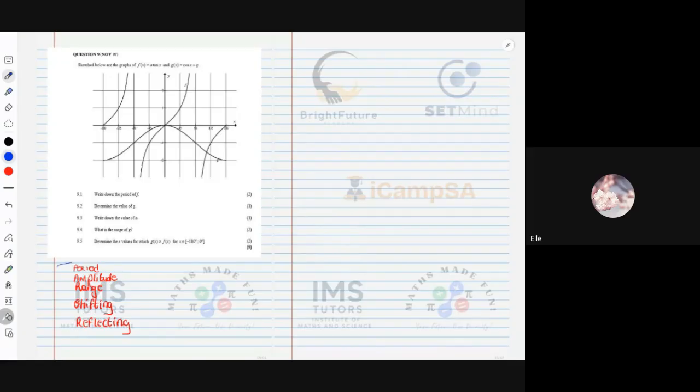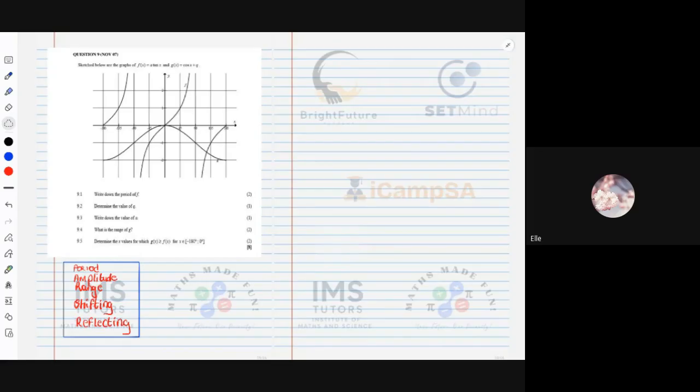So these are the key things that we essentially are expected to know as Grade 10 mathematics students when it comes to trigonometry. I said period is the time it takes for the graph to repeat itself. The amplitude is the highest point or the lowest point from the center line, depending on where we start.